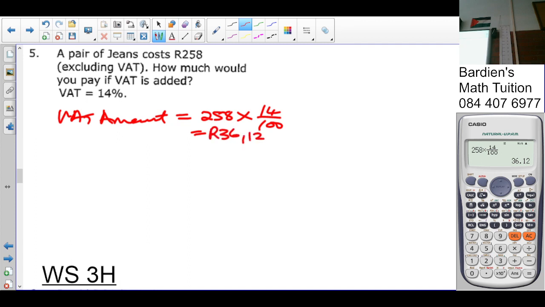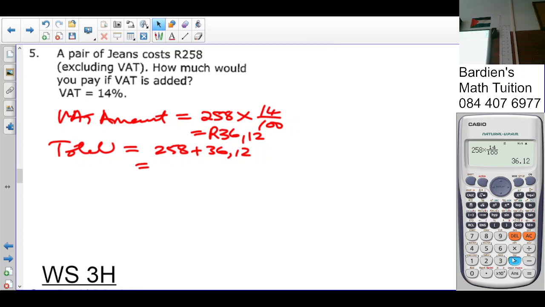So that's your VAT. So what you're going to pay in total is 258 plus 36,12, which is 294,12. Okay, you all agree with that?